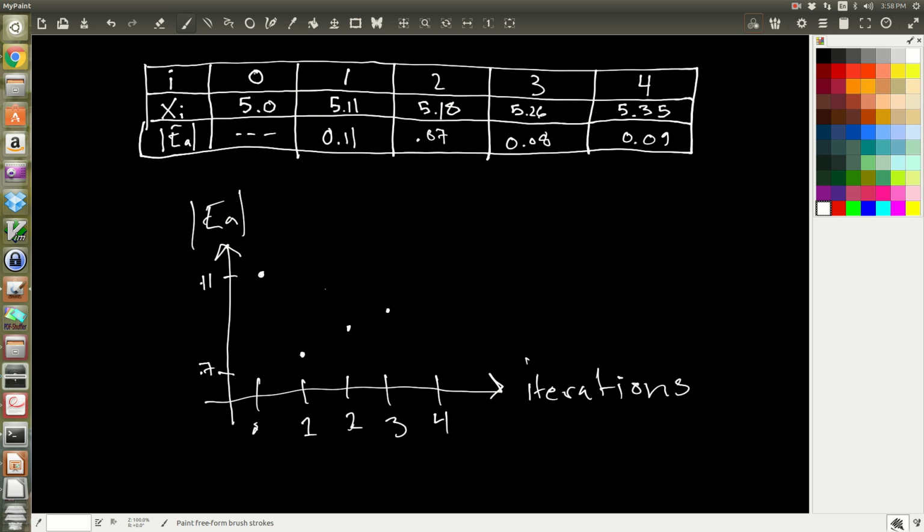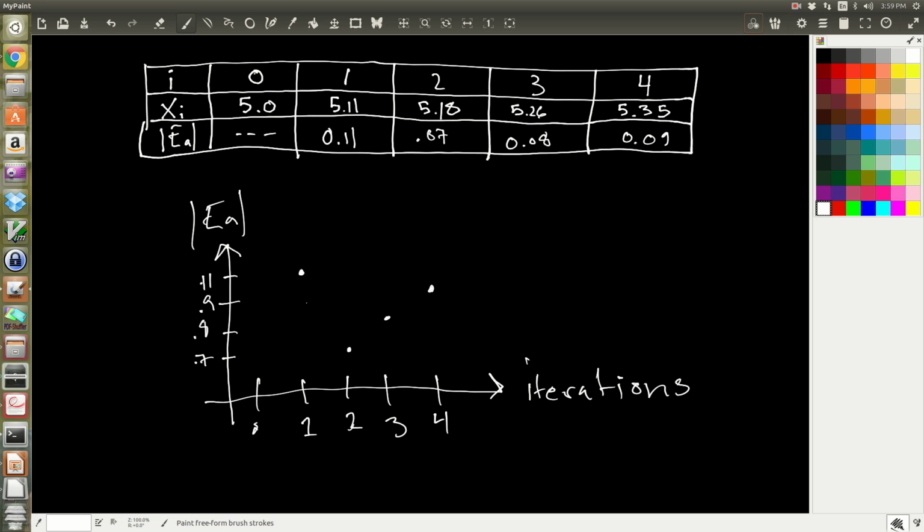Oh, my problem is we can't calculate an error for the initial guess. We can calculate it here. So for iteration 1, that's our error. Then we come down here and go 0.07 for iteration 2, 0.08, and 0.09.